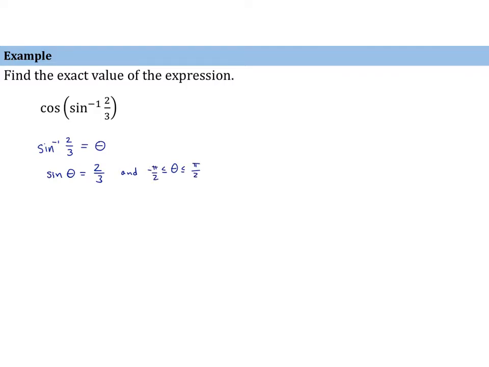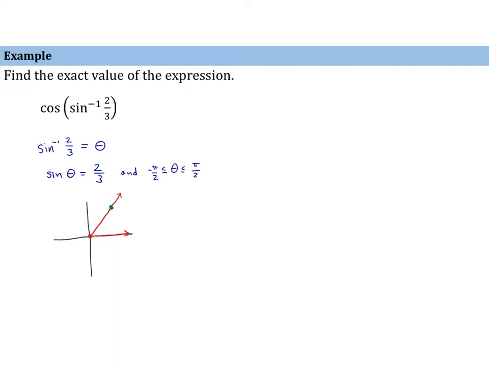So if we sketch this angle, we know that sine of theta is positive within that interval, negative pi over 2 to pi over 2, only in the first quadrant. So there's our angle theta.